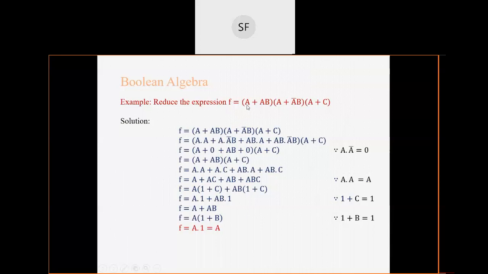You can observe there is one variable A, another is B, and the third one is C. So this expression has three variables. That means the output of this function depends on the three inputs A, B, and C. Also, the plus, dot and complement are nothing but the actual connections in your digital circuit.